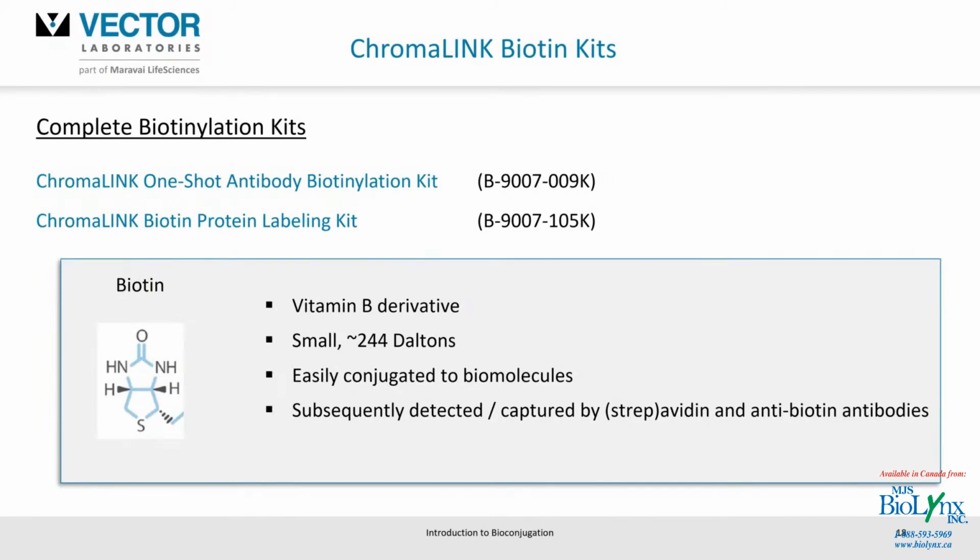One is specifically for antibodies. It's referred to as a one-shot antibody biotinylation kit, and another one would be for proteins other than antibodies, and I've listed it here. And Biotin's used for a lot of different reasons, and I'm sure that most of our listeners out there have used Biotin conjugates in one or another different formats.